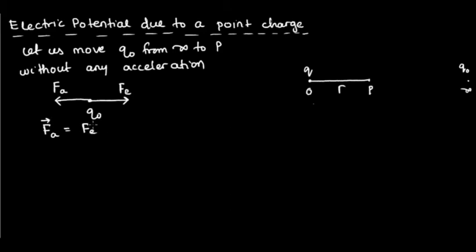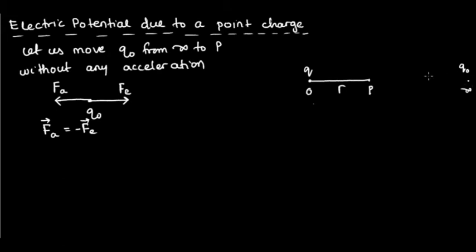So Fa vector is equal to minus of Fe vector, and these two forces will cancel each other. The net force will be 0, the acceleration will be 0, and the charge Q naught will move with a uniform speed. Is that clear?